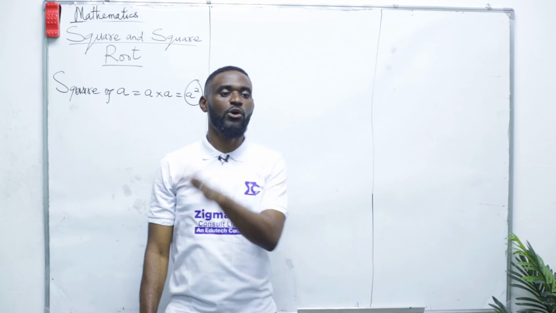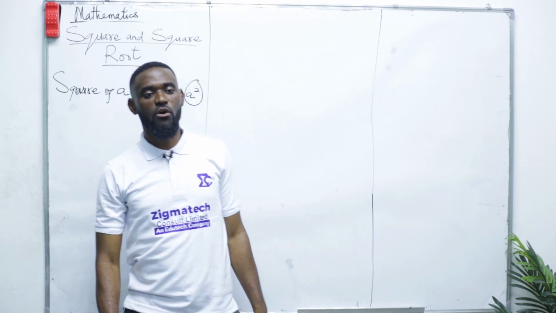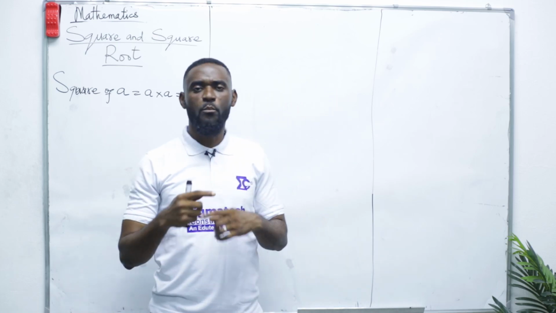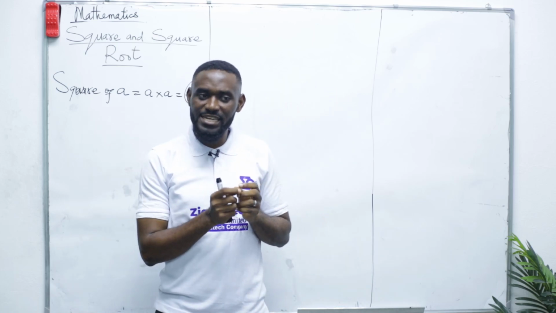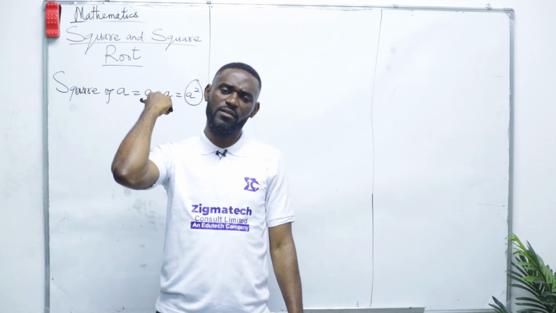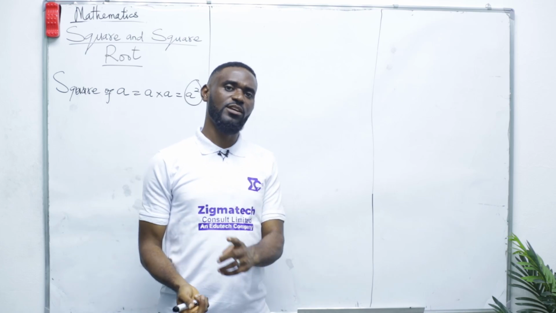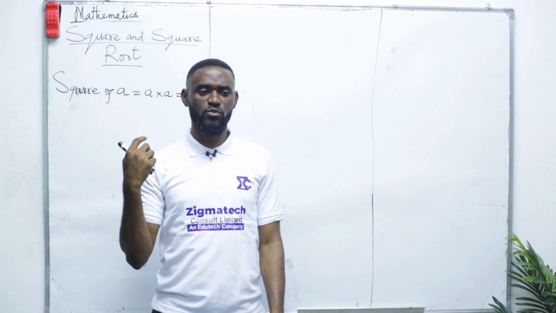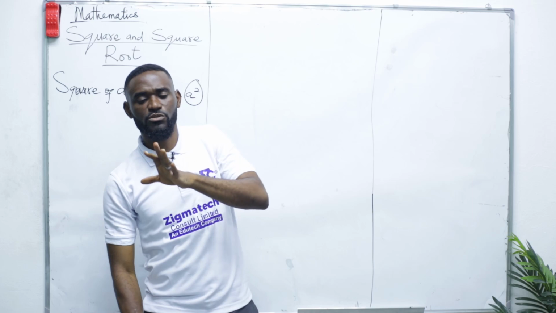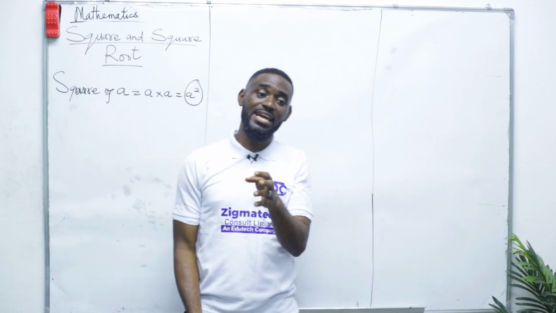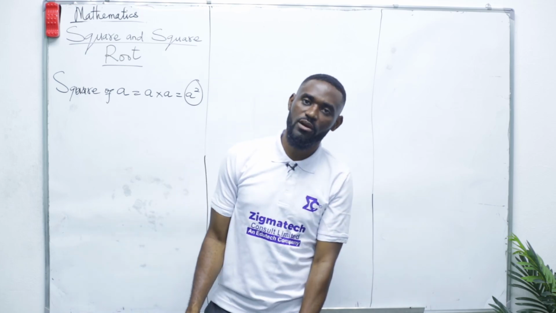Okay, so then on the other hand, the square root of a number is a value which on multiplication by itself gives the original number. Do you understand? On multiplication by itself, it gives the original number. The square root is an inverse method. It's just like the opposite of, or the inverse method of squaring a number.